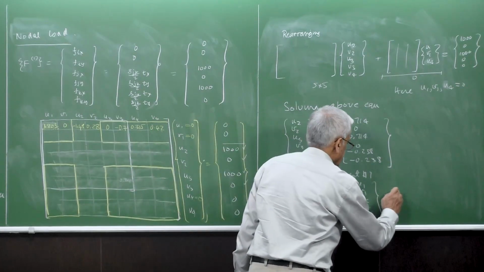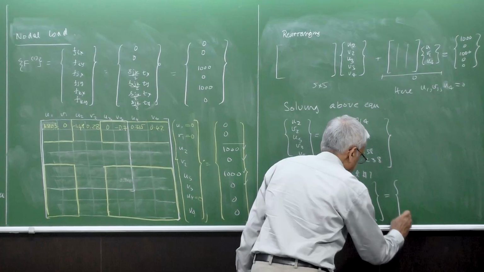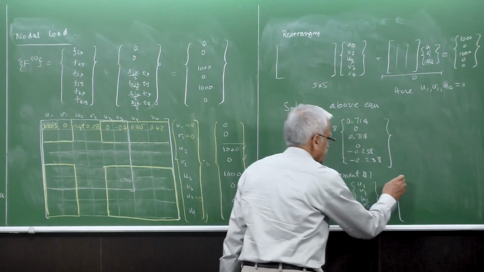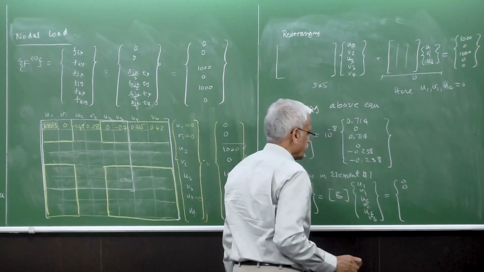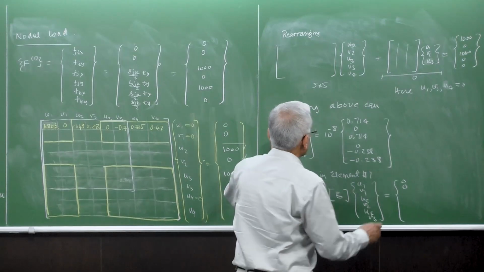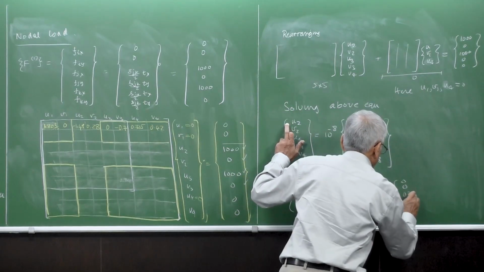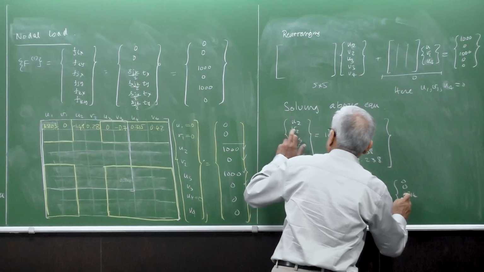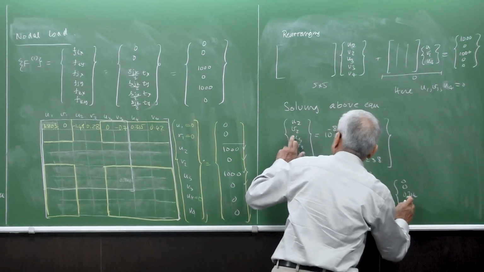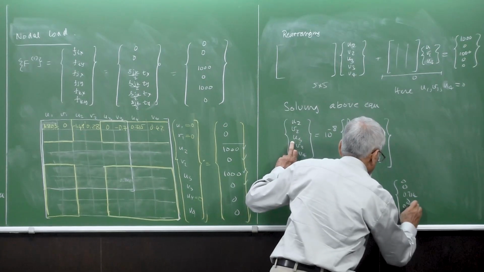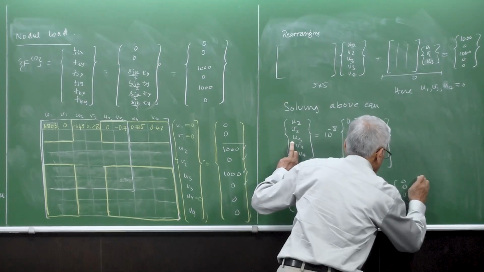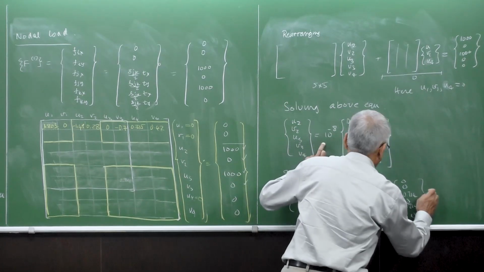In fact, we can even include the values: U1, V1 and U2, V2 is 0.714 and V2 is 0 and U3 is 0.714, 0, times 10 to the power of.